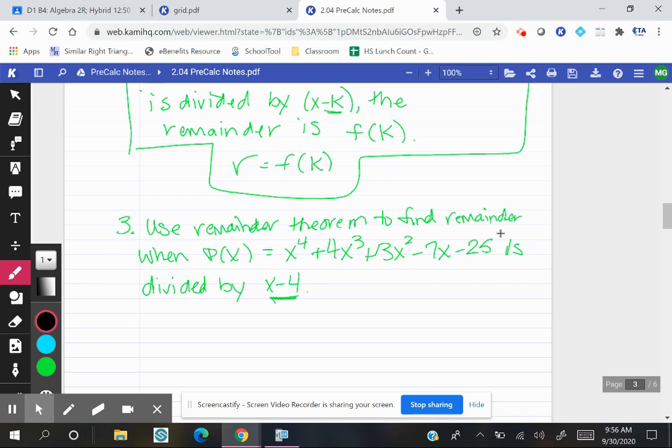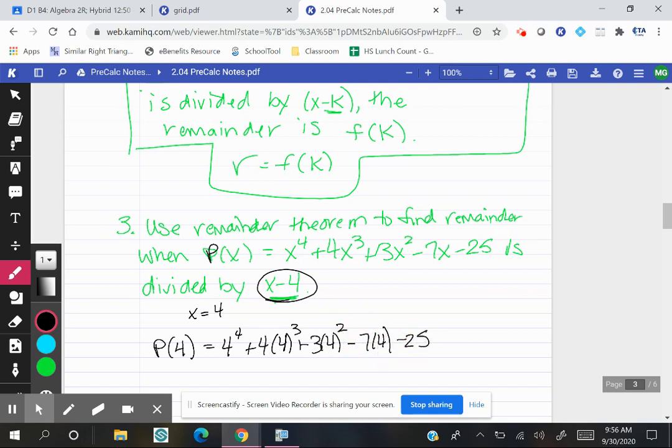All I want is the remainder, so I'm just going to take whatever, this is my factor, I want to find my root, so my root would be x equals 4. So I'm going to take p of 4, and substitute it in, so I'd have 4 to the fourth plus 4 times 4 to the third plus 3 times 4 squared minus 7 times 4 minus 25.